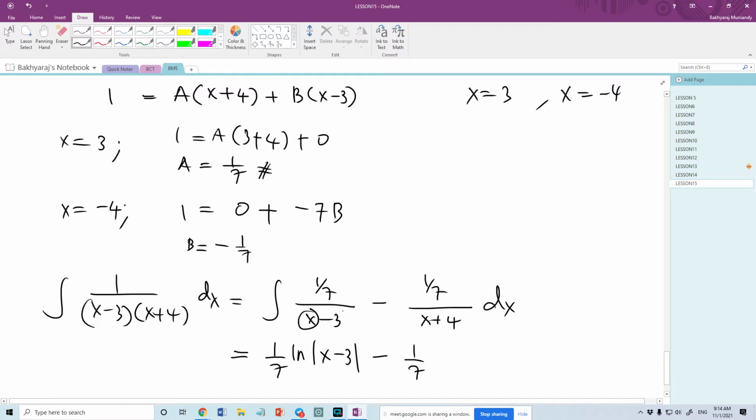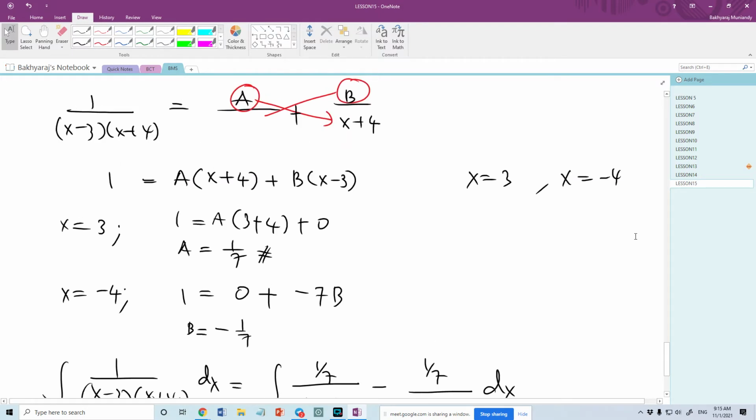Okay, so no problem, right? You understand, right? Okay. Okay, so 1 over 7 log x plus 4 plus c. Okay, so we have completed the question number 3. Okay, next I go for form number 2, sorry.